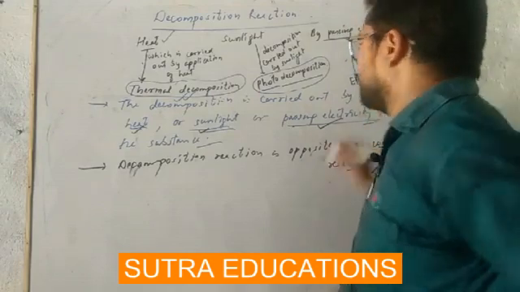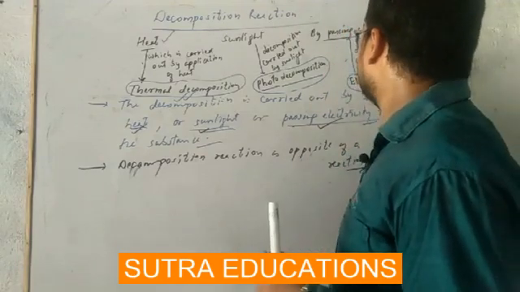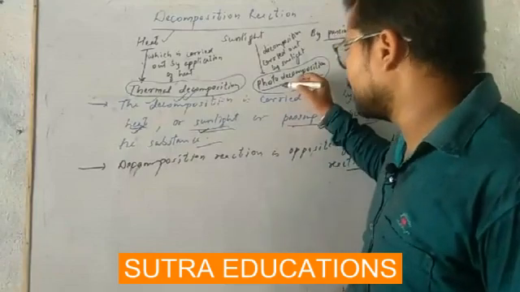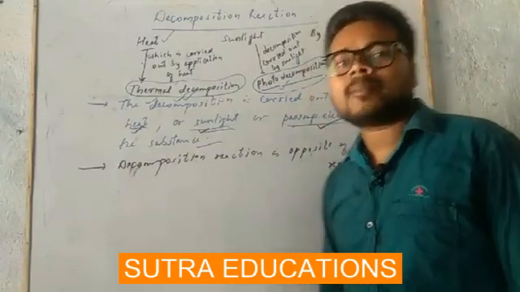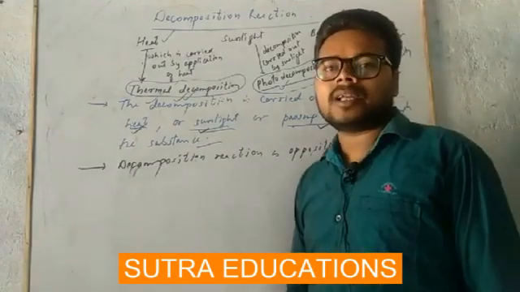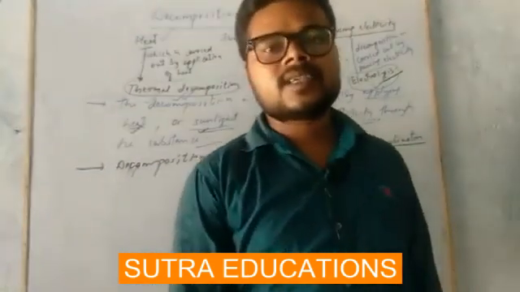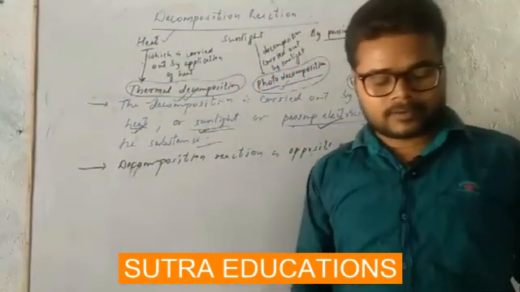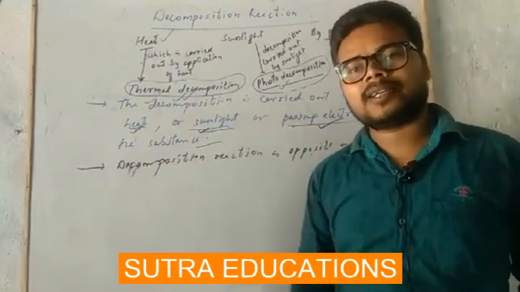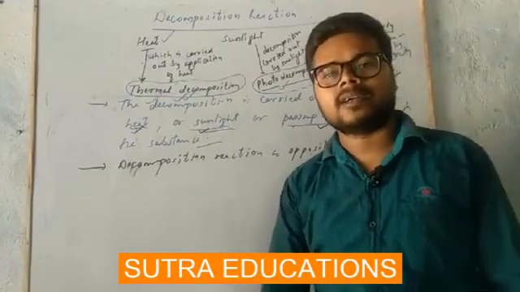So three things are there. One type of decomposition is thermal decomposition, other type is photo decomposition, and the other type is electrolysis. One is carried out by heat, other is carried out by sunlight, and when decomposition is carried out by passing electricity, then it is named as electrolysis. So we will be discussing all these three types of decomposition reactions.